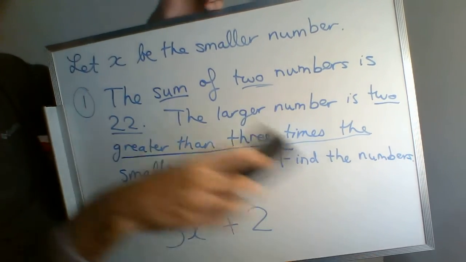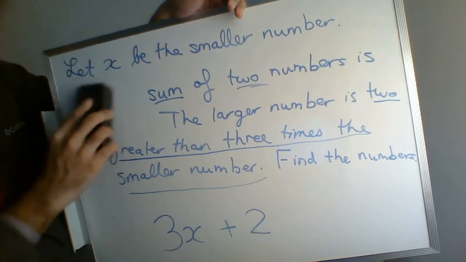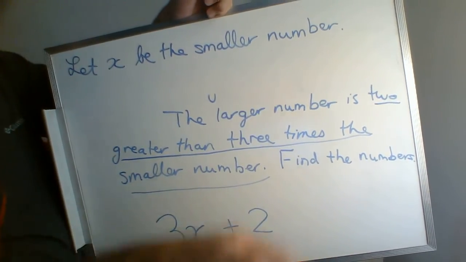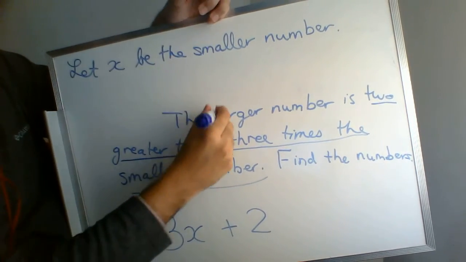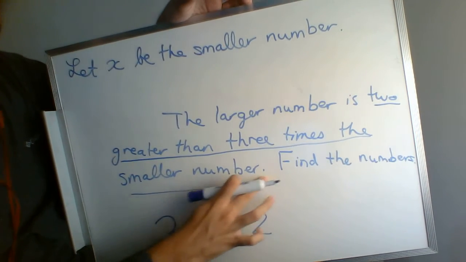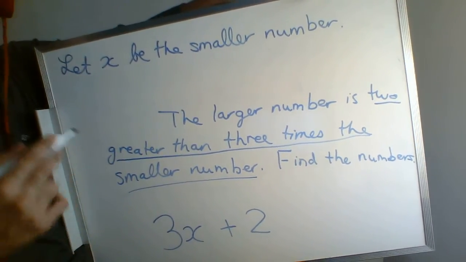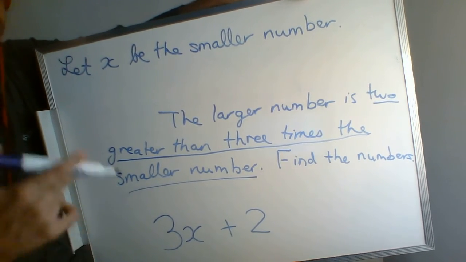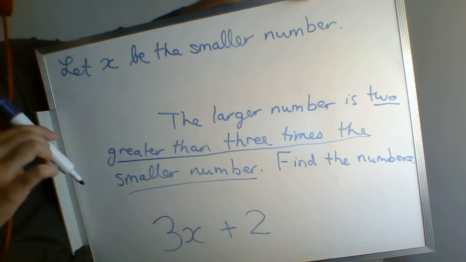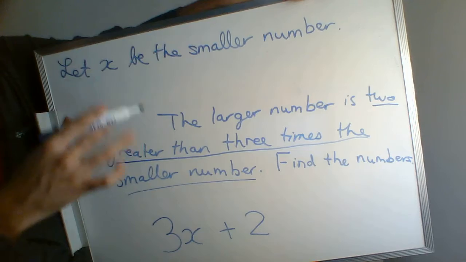I'm going to get rid of the question in just a sec. But for now, I'm just going to get rid of the first sentence. We know the sum of the 2 numbers is 22. Now, if you look here, the larger number is 2 greater than 3 times the smaller number. So that whole description is describing what the larger number is. And in order to describe what the larger number is, it's using the smaller number to give you that description.